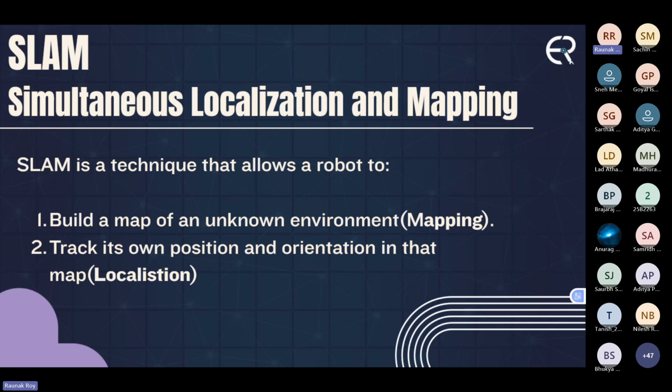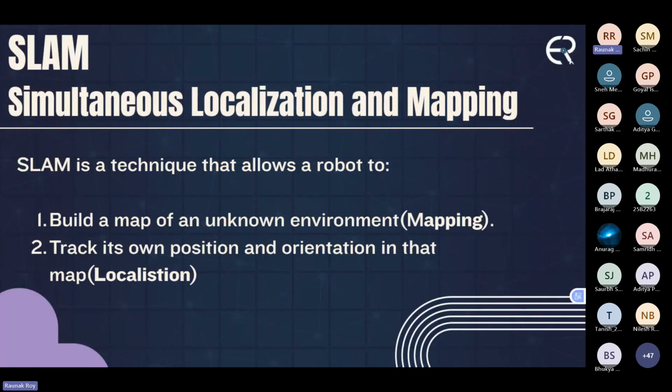So let's begin with SLAM, which stands for Simultaneous Localization and Mapping. It is the process that allows a bot to simultaneously build a map of an unknown environment and track its own position and orientation within that map.